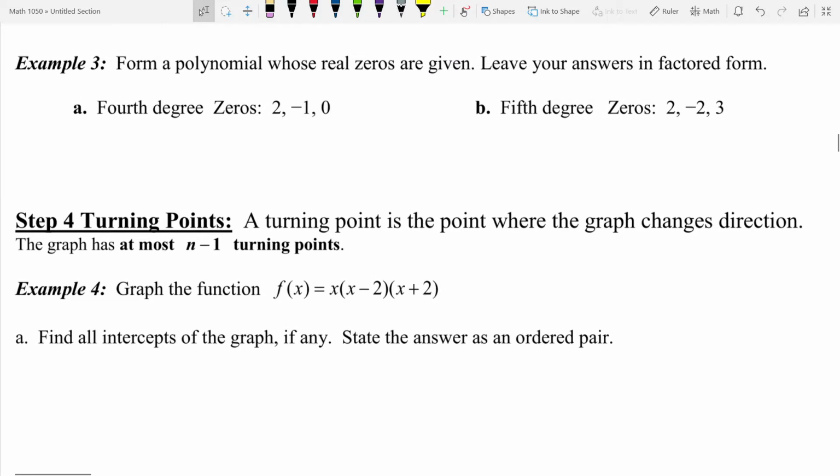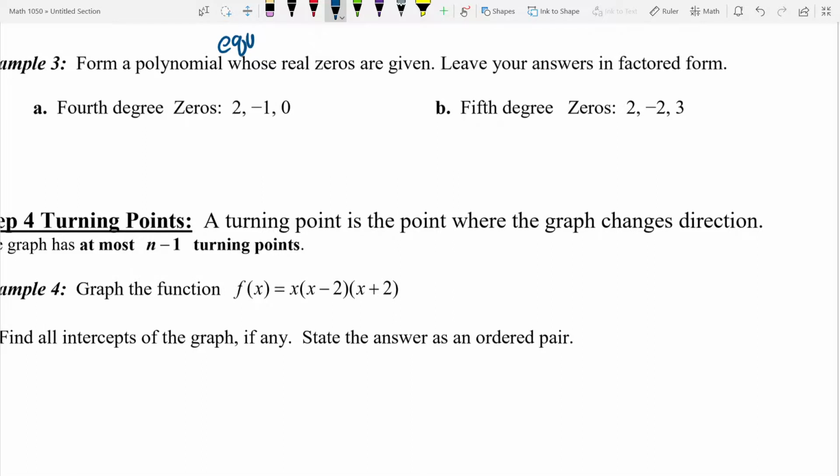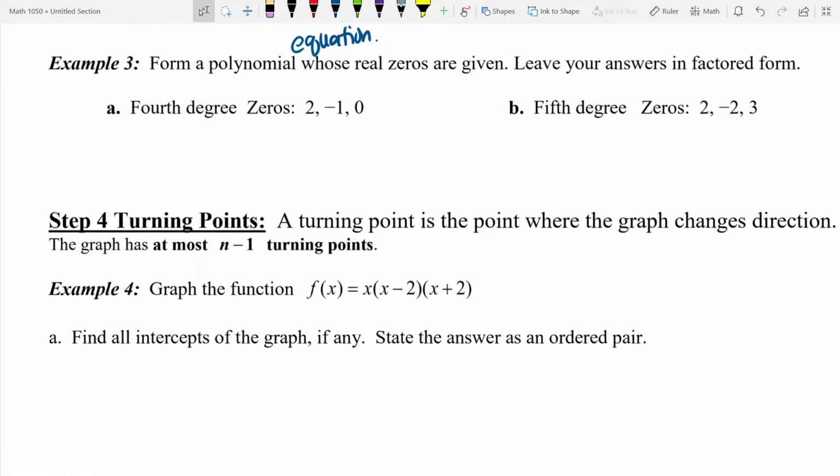Form a polynomial whose real zeros are given. Leave your answer in factored form. Okay? You guys, it needs to be a polynomial equation. Write the word equation right here. So on question A, you would say y equals, you could also say f of x equals. So guys, talk to me.